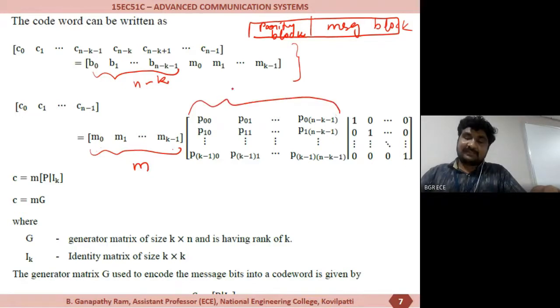Instead of this parity block, here we are going to write the parity matrix, because the product of message bits and the parity matrix will produce the parity block.